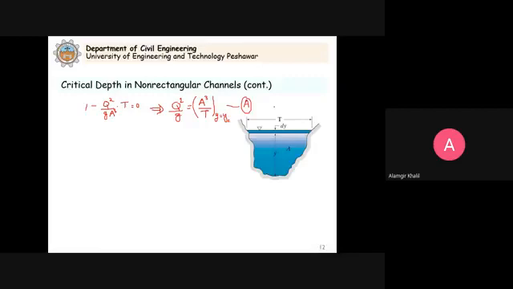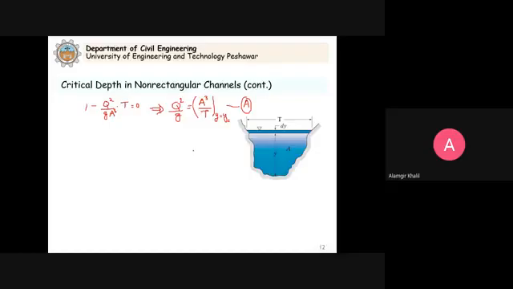Now in this equation A, for the given cross section, the right hand side is a function of y only. Because you have numerator and denominator depending on depth, we generally need a trial and error solution to find yc.